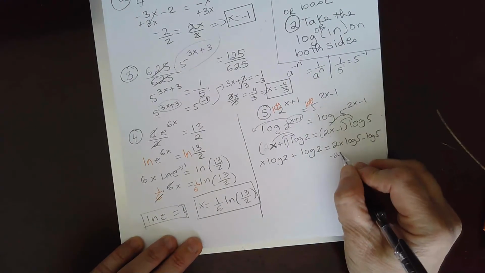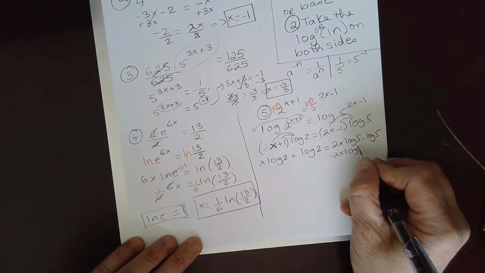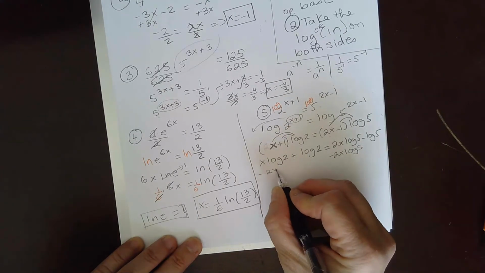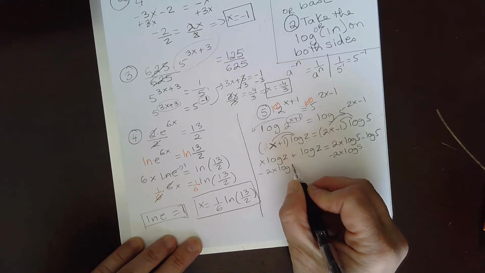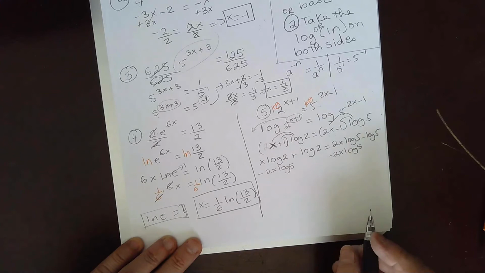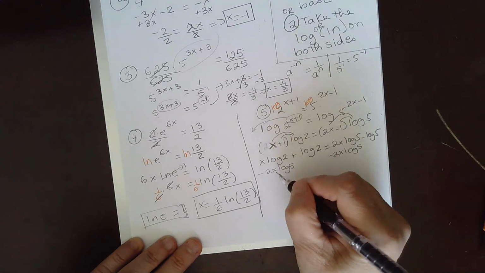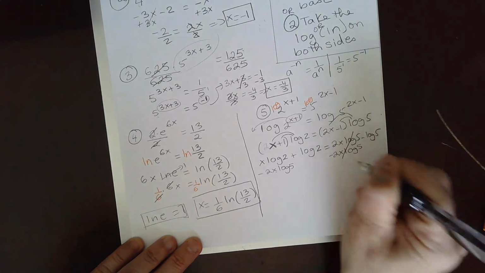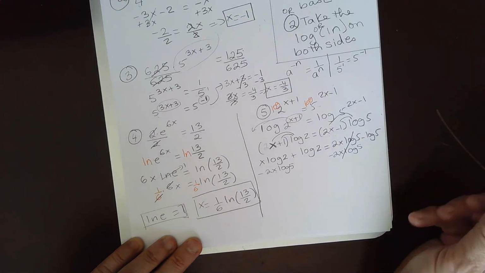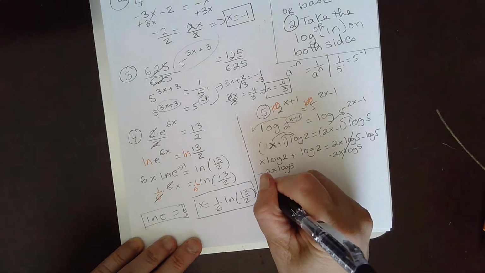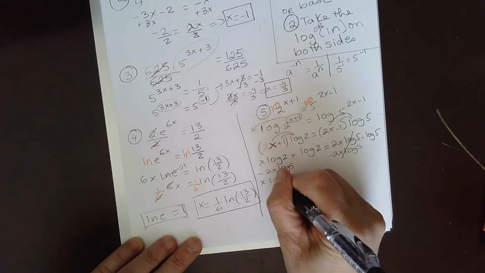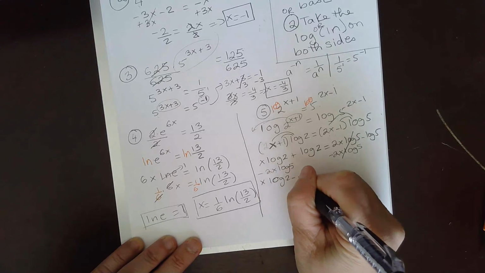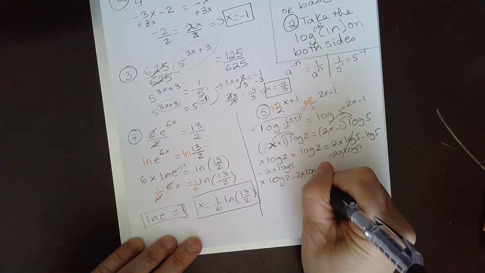Now again, you want the variable on one side, so I'm going to take this to the other side, so we subtract 2x log 5. Why do we do that? Well, we want the variable on one side so we can factor it out. So x log 2 minus 2x log 5.